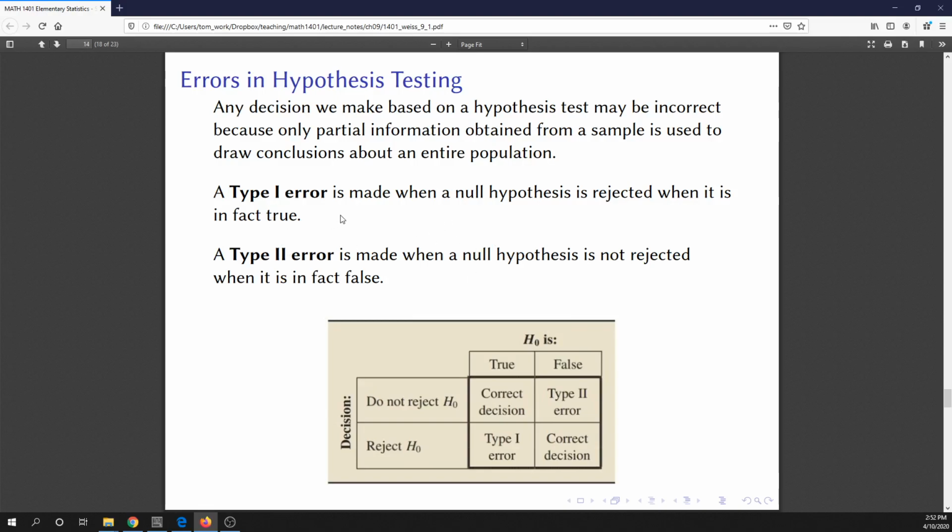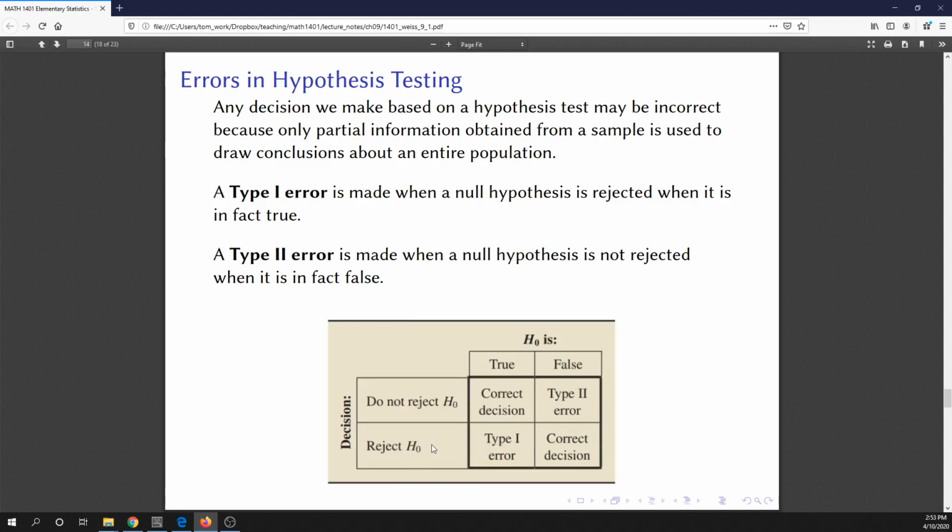So a type 1 error is made when you have a true null hypothesis and you reject it, right? So the null hypothesis is true, but based on our sample, we reject it in favor of the alternative hypothesis. Sorry, it's down here. The null hypothesis is true. We reject the null hypothesis when it's in fact true.